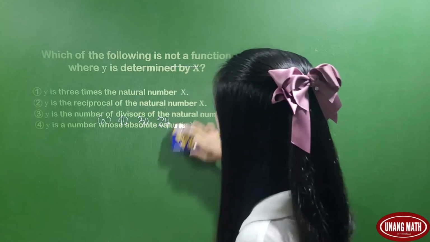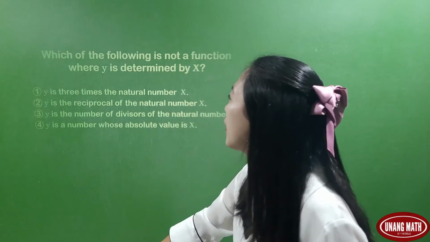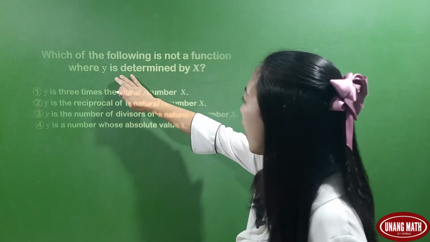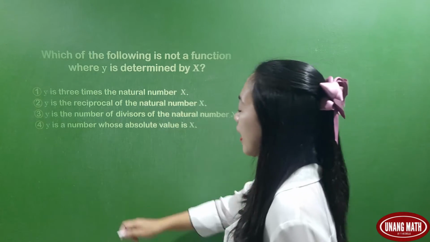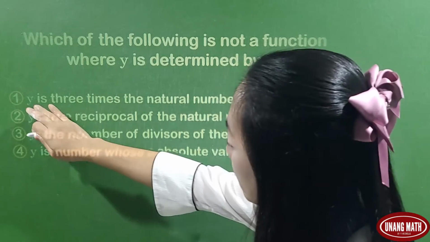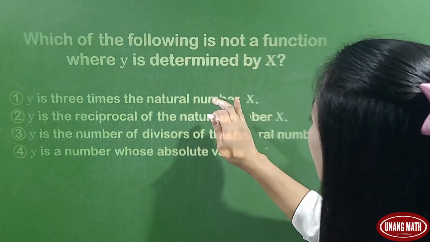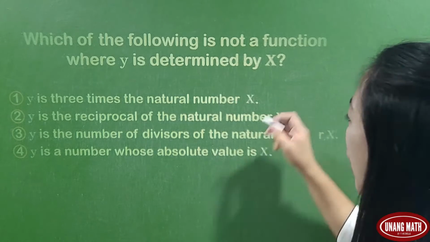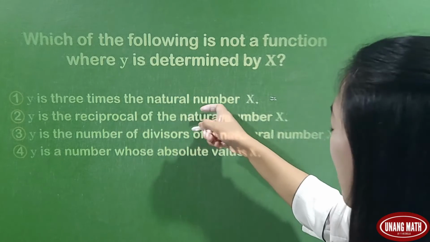This time, let's answer this simple problem. Which of the following is not a function where y is determined by x? In this first option, y is 3 times the natural number x.